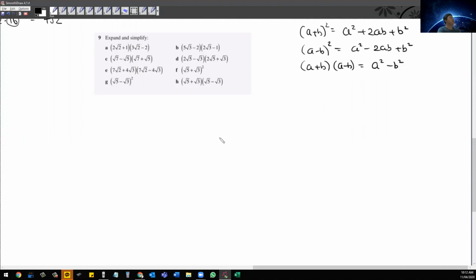Can you guys tell me which questions here are in these forms? Just figure that out. All right, so those are the numbers. Okay, so just do A and B first, let's say.